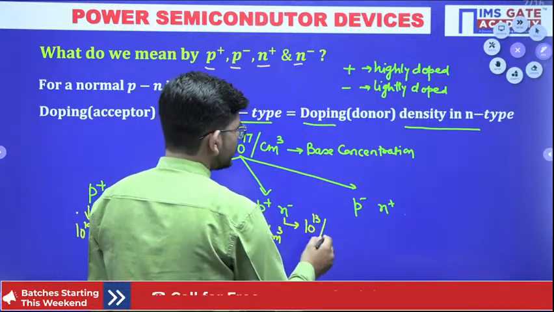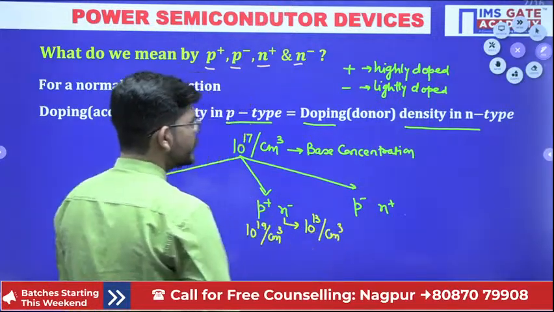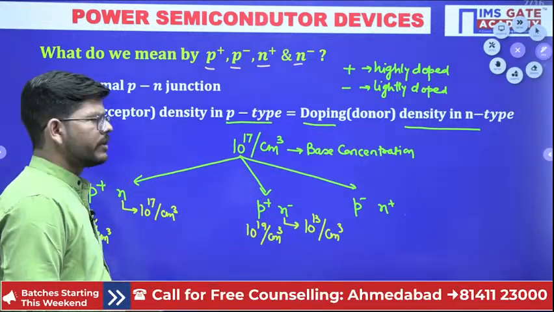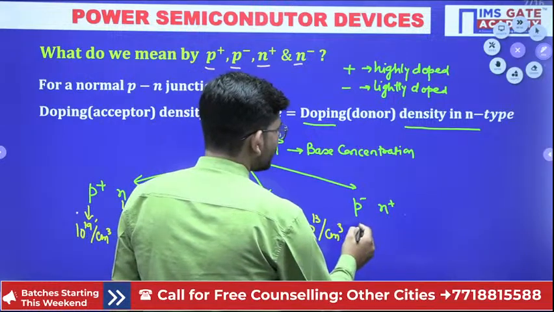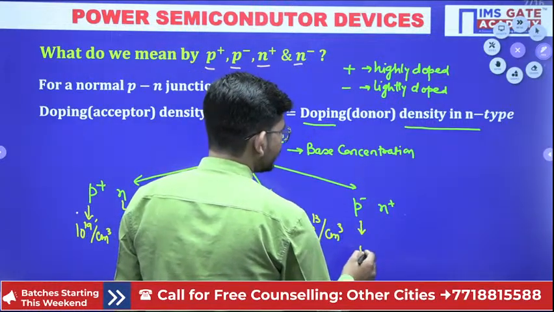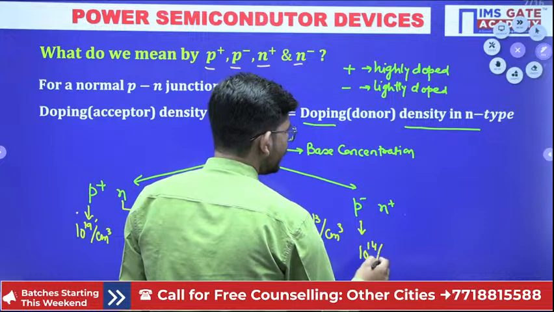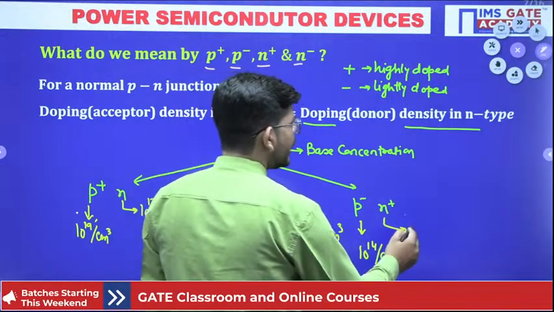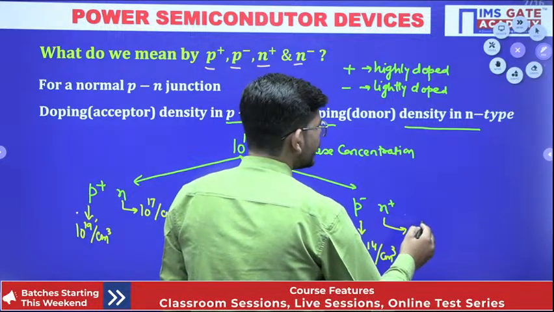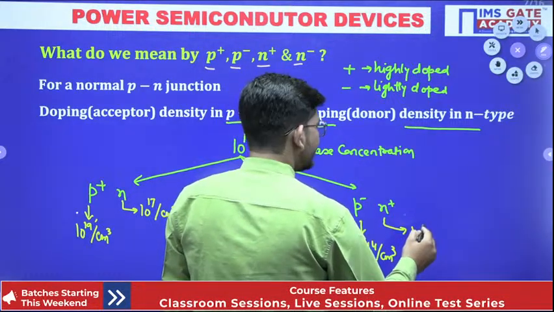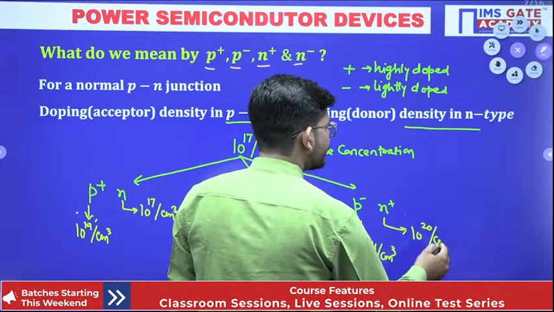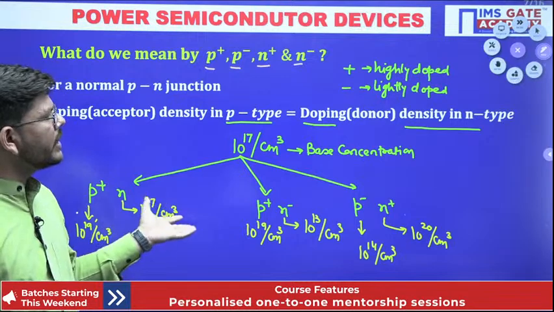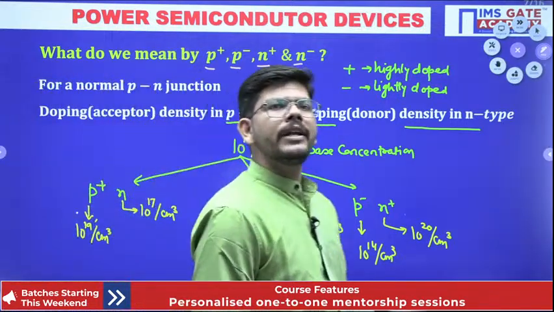This junction is called a P plus N minus junction. Similarly, if we have P minus, this side might have 10 to the power 14 per centimeter cube, and the other side, because plus is there, might have 10 to the power 19 or 20 per centimeter cube. So this is what all these plus and minus signs mean.